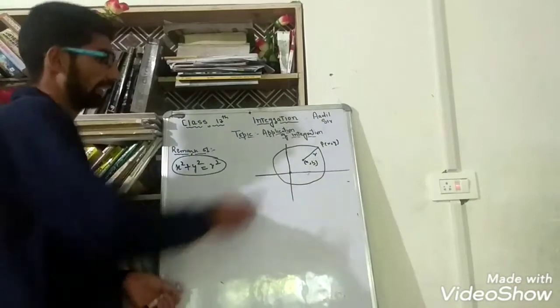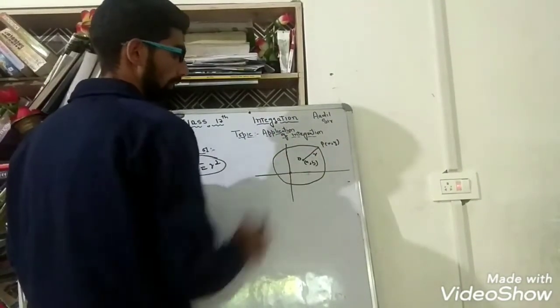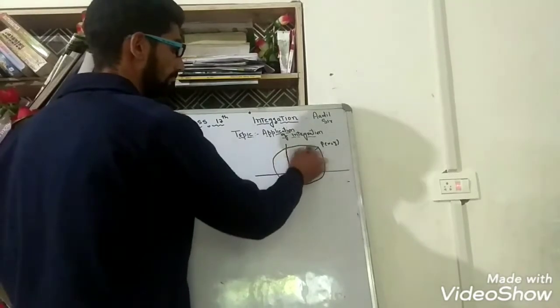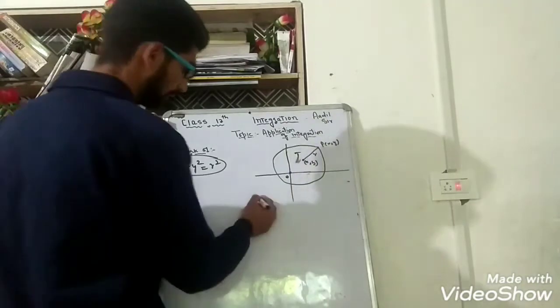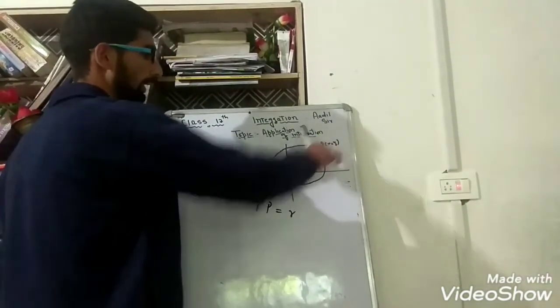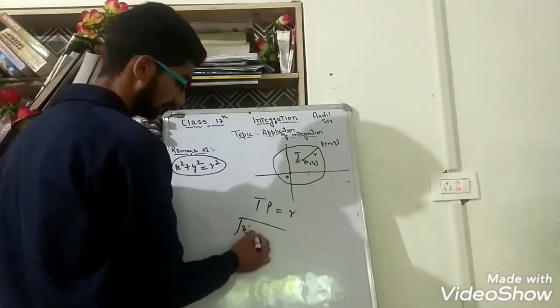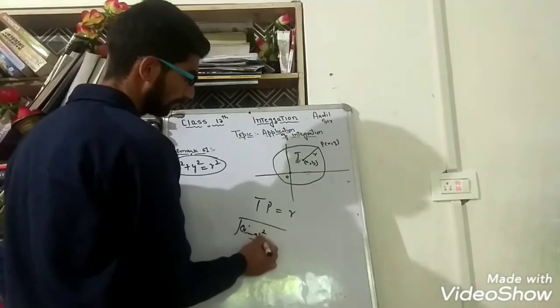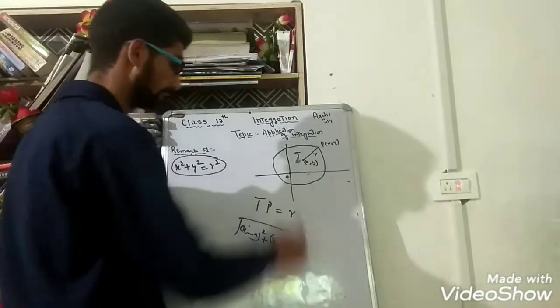So again, for example, this is my T, and we know that TP is the radius, so TP is equal to r. But by the distance formula, TP is equal to the square root of (x minus a) whole square plus (y minus b) whole square, which is equal to r.